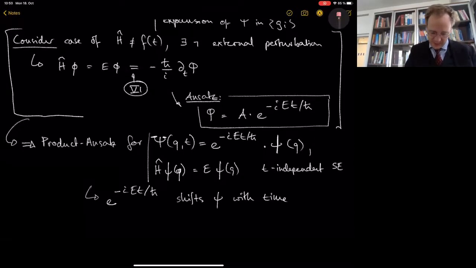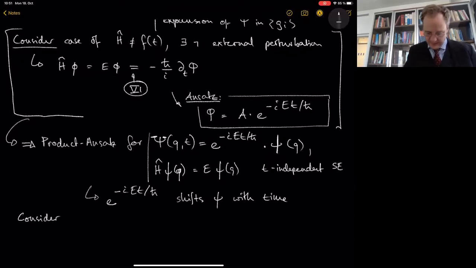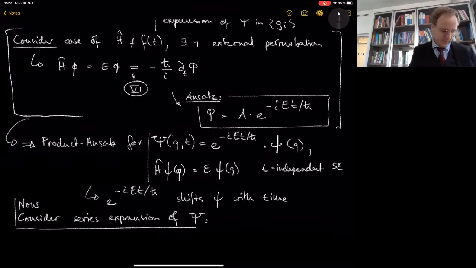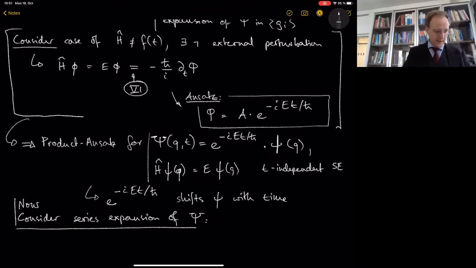So now we want to consider the set of functions for a series expansion of our big psi. And so we would say, well, let's consider this set phi n, and they all consist of this product ansatz we just discussed.